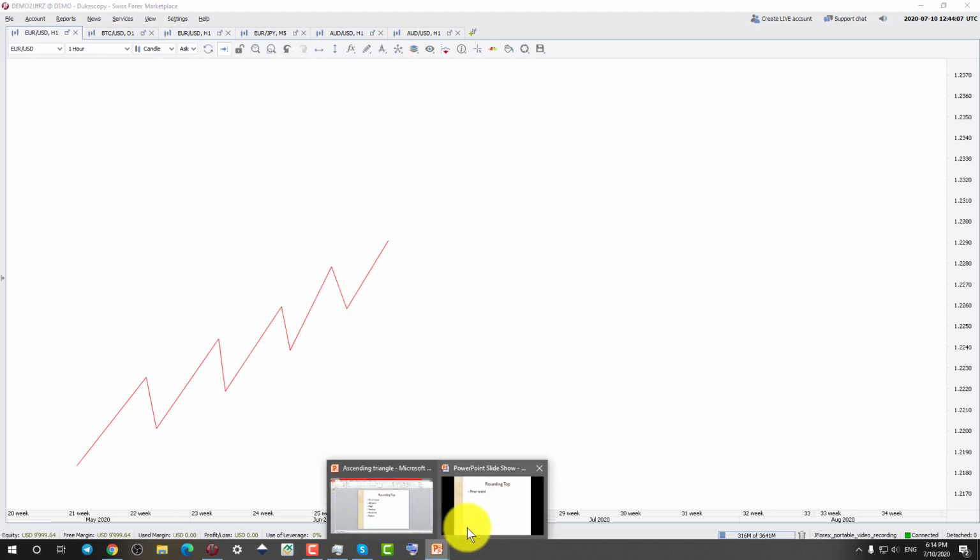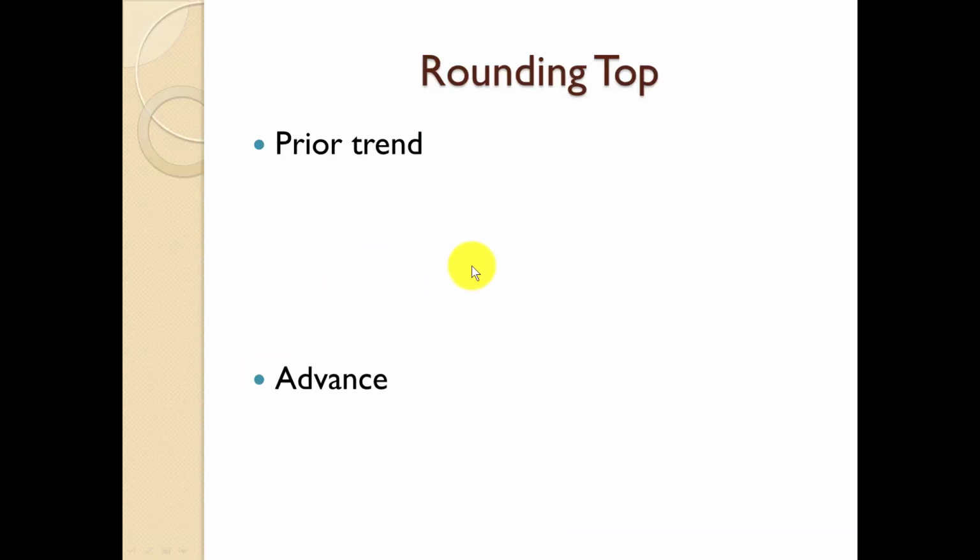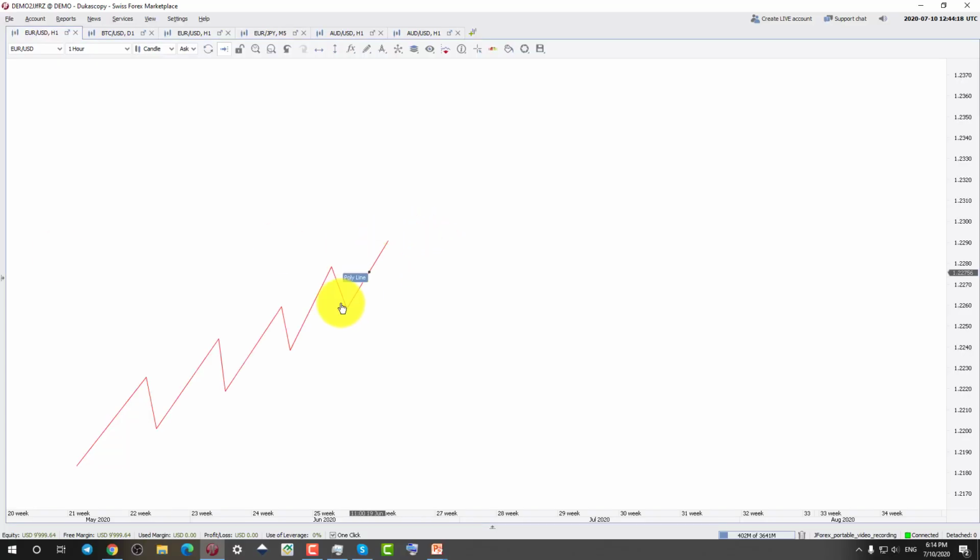And then after a trend, the next thing that we need is an advance. Okay friends, now you have to see that there is a difference between the uptrend and an advance. Whenever there is an uptrend, there are slight downs also, up, down.